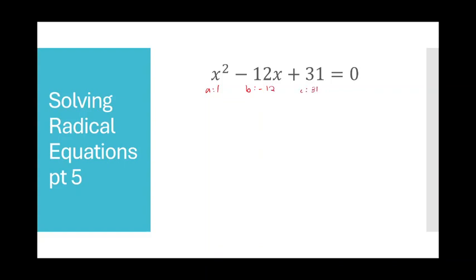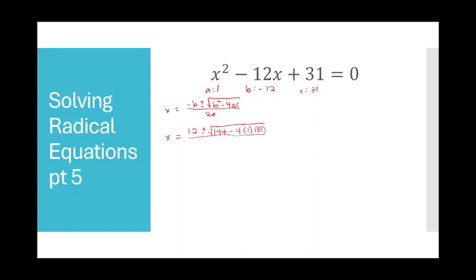So let's go. Quadratic formula, x is going to be equal to negative b plus or minus the square root of b squared minus 4 times a times c, whole thing over 2a. So plugging in our values, x is equal to 12 plus or minus the square root of negative 12 squared, which is 144, minus 4 times 1 times 31.